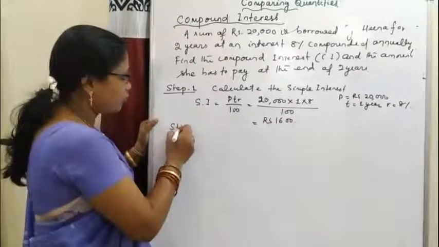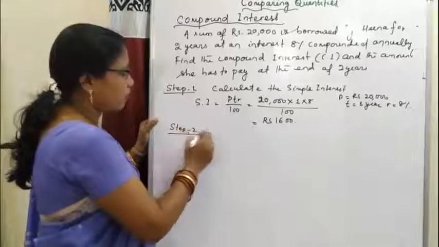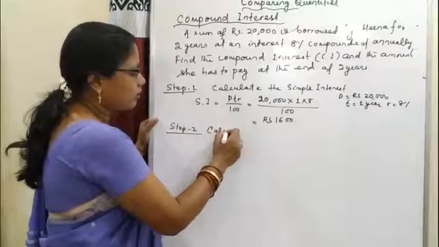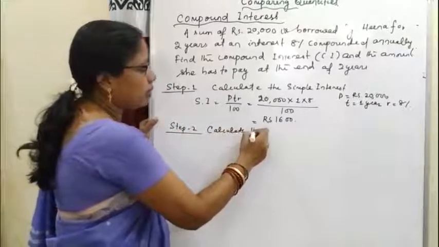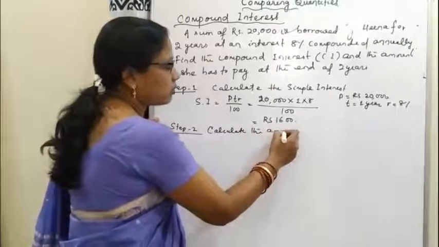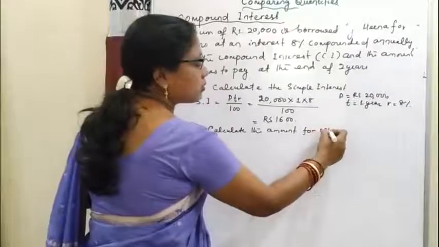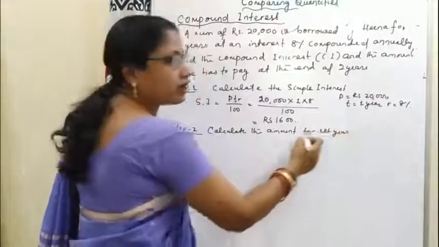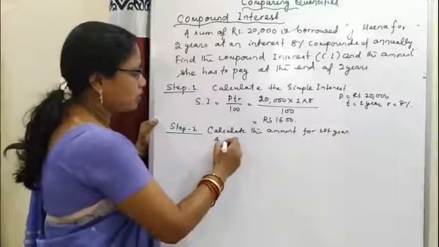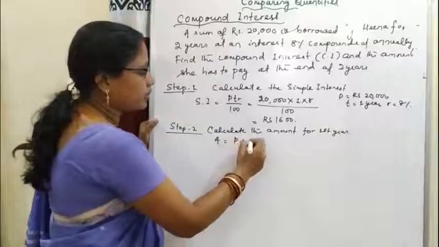Then step 2, calculate the amount for the first year, or at the end of the first year. The amount is equal to principal plus interest.